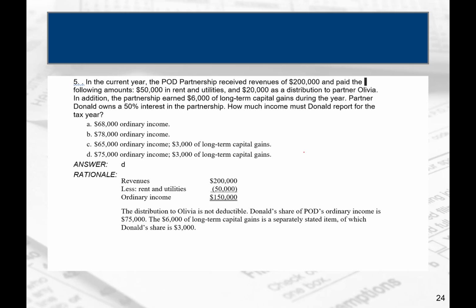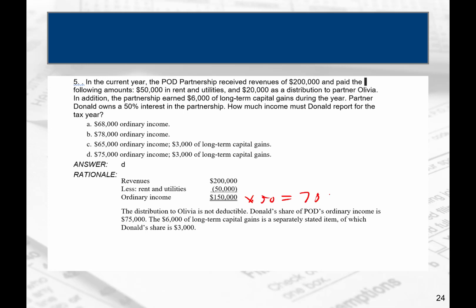And the ordinary income is going to be what? The revenue minus the expenses of $150,000 here, but they have $75,000 of ordinary income and $3,000 of the capital gain, and so he's getting 50% of the $150,000.